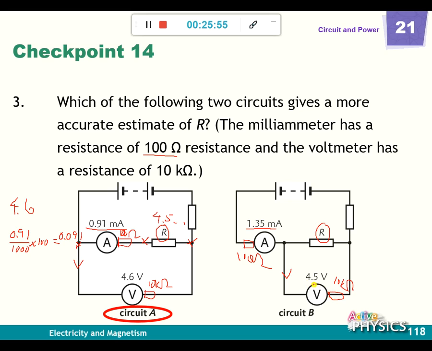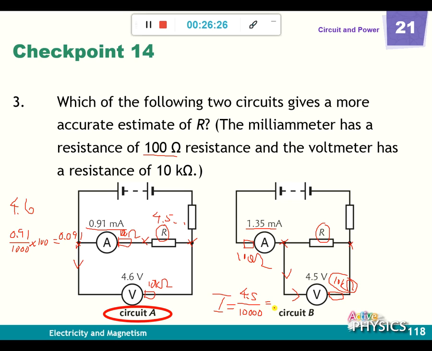Because the reading shows that this one is 4.5 volt, 4.5 volt means that this one and this one should be 4.5 volt. 4.5 volt across this one. Okay, so for this part, the current passing through it should be 4.5 over the resistance. Okay, and how much is it?